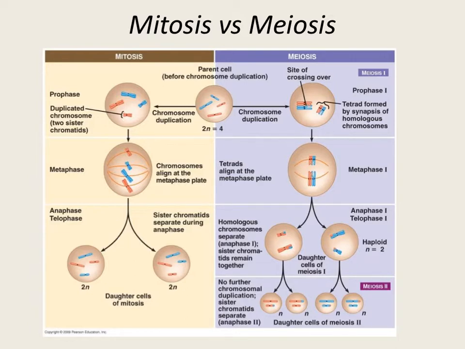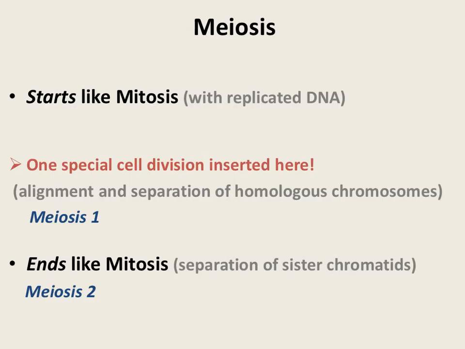You've got meiosis 1, goes through everything, telophase 1, and then finally, right here, this is when you go through meiosis 2, and instead of having daughter cells that are diploid, you have daughter cells that are now haploid, either sperm or eggs. So meiosis 1 starts like right there, just like mitosis, and then meiosis 2.